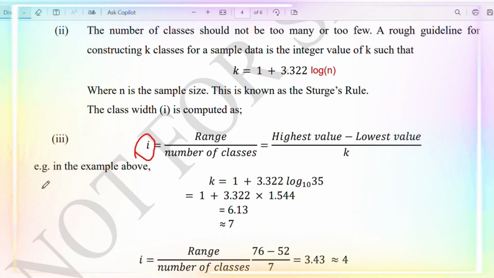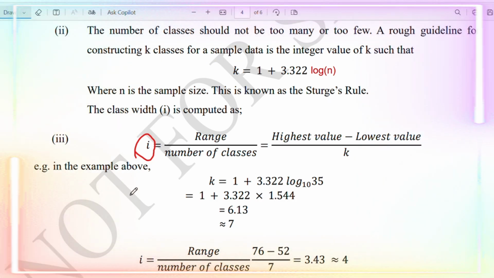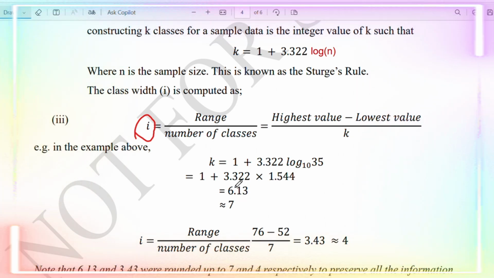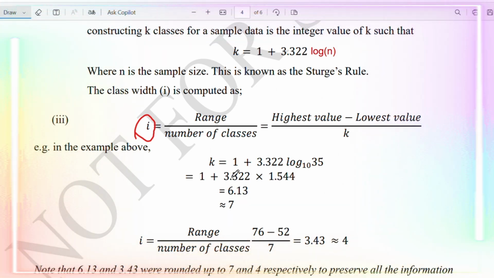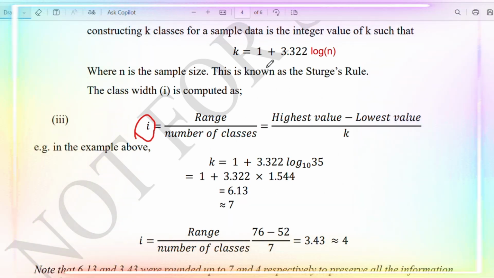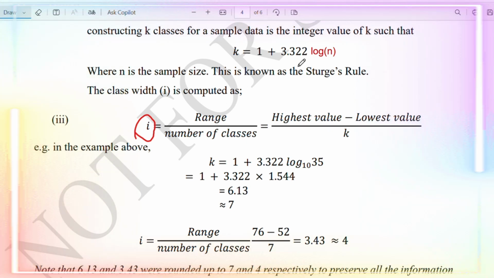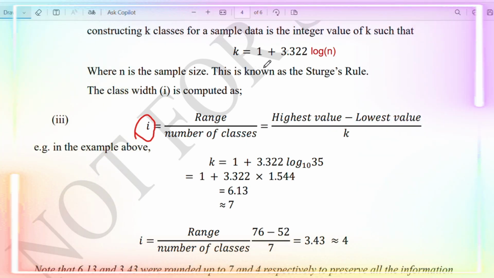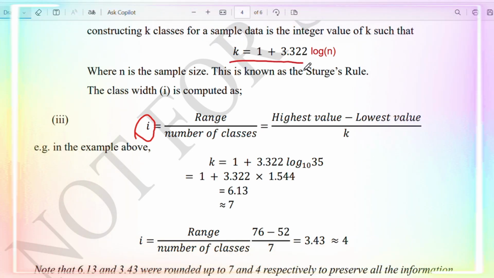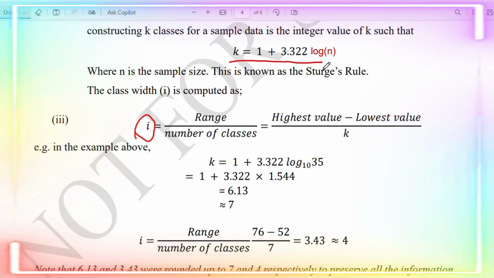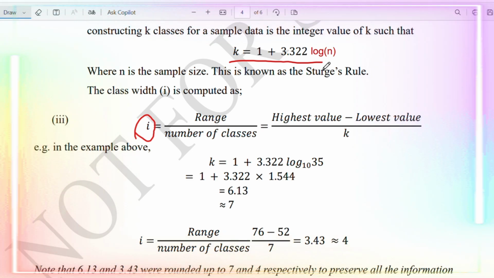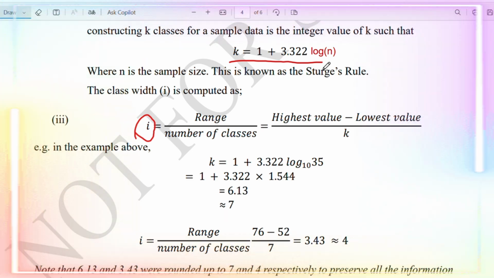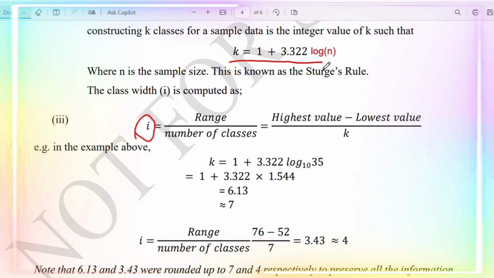Now, if we want to use the example above for this formula, let's say that K, which is the number of classes that we want to have, is equal to 1 plus 3.322 log n, which is log base 10 of n, the Sturges rule that we want to use as a guide.